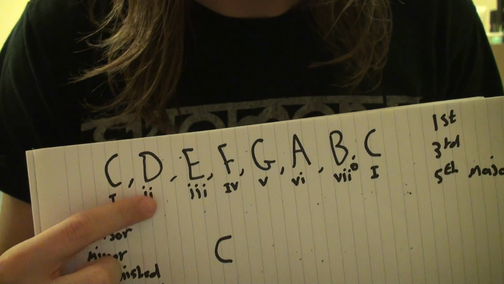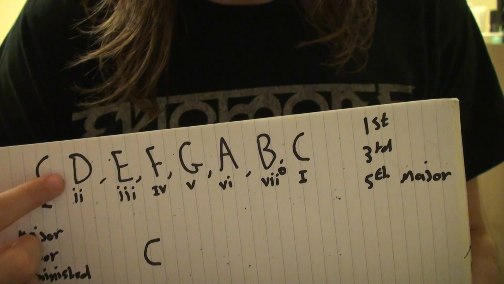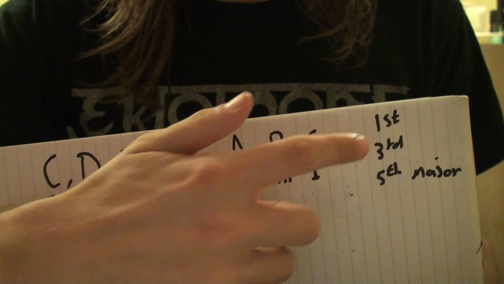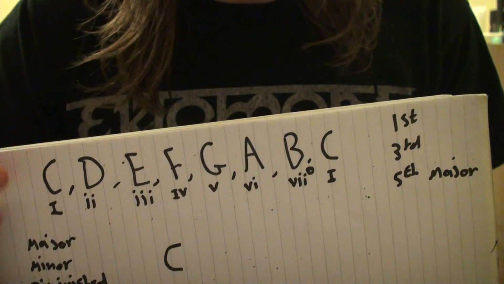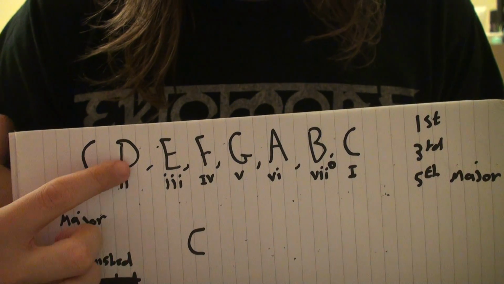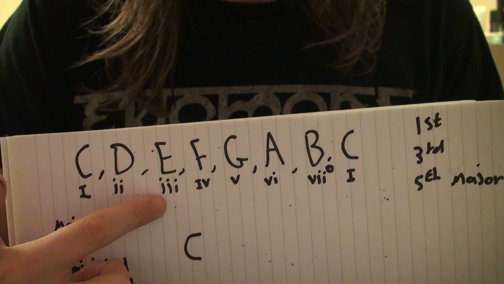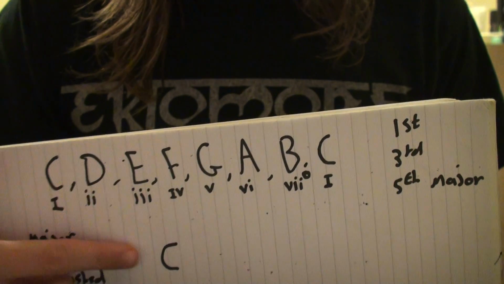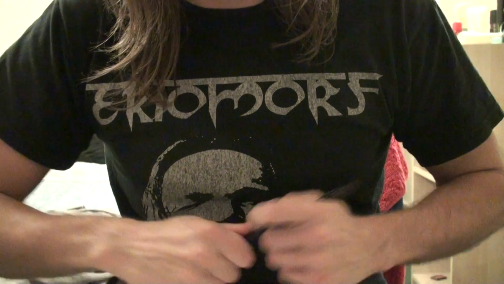A C major chord is made up of 1, 3, 5, so we're at number 2 when we get to this D. Now if we move up to the E, we are at number 3, so that is our third interval, our second note in this C major chord.